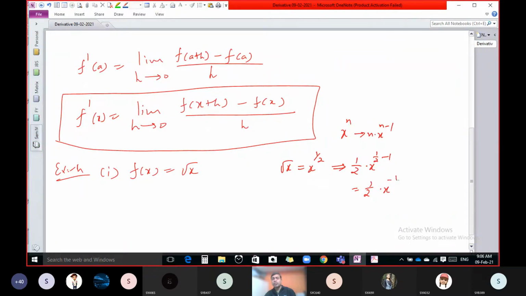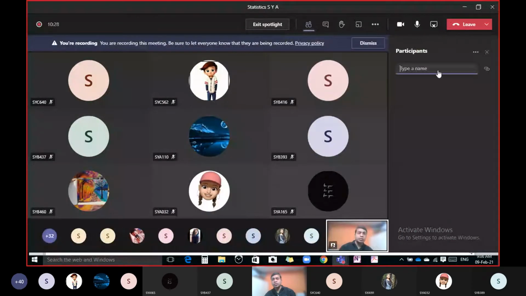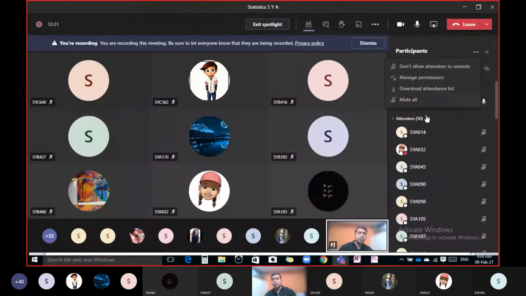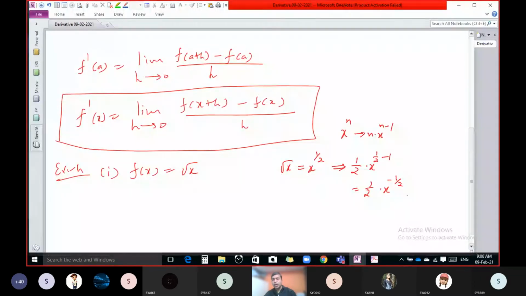Take 2 as LCM. We get minus 1 upon 2. And this you can write as 1 upon 2 into 1 upon x raised to 1 upon 2, and x raised to 1 upon 2 is nothing but root x. So this is our final answer. The derivative of root x is 1 upon 2 root x.